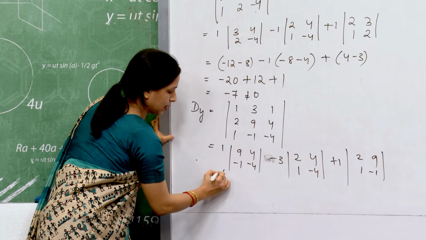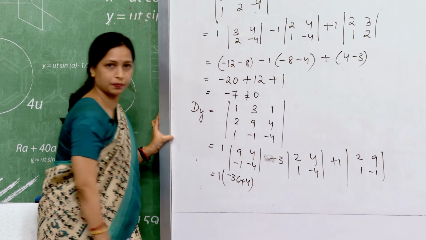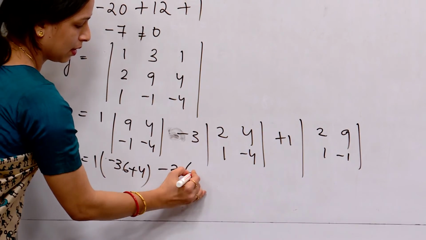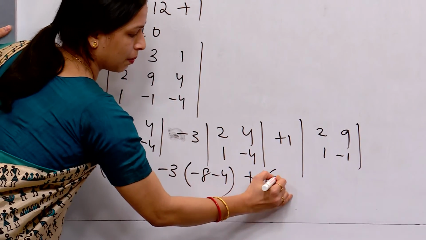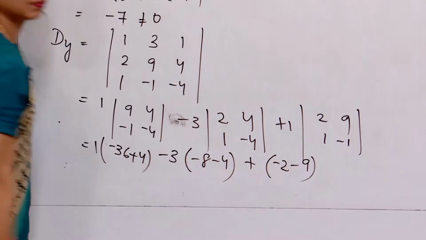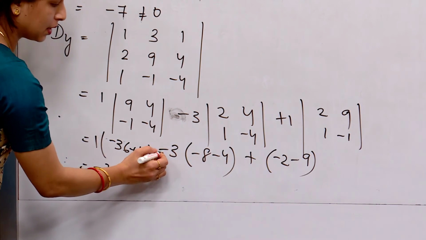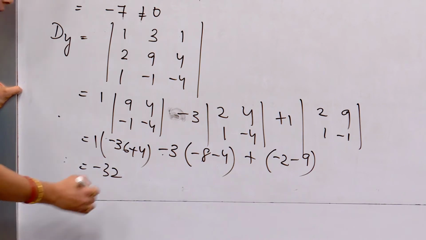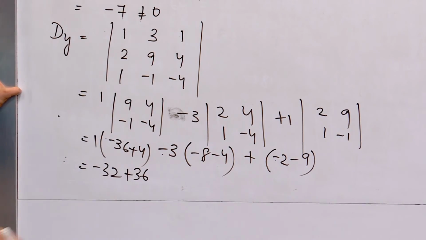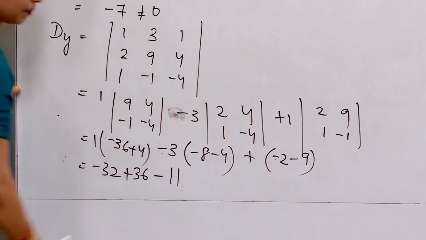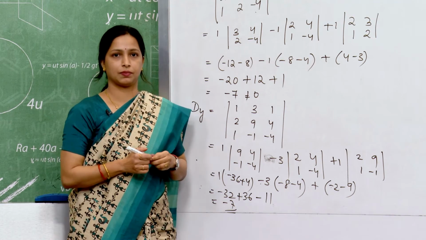So, here we get minus 36 minus 4, so plus 4, here we get minus 8 minus 4 and here we get minus 2 minus 9, right. So, here we are getting minus 32, this is minus and minus 12, so minus becomes plus 36, and this is minus 2 minus 9, so that is minus 11. Okay. So, again the answer will be minus 7, right.